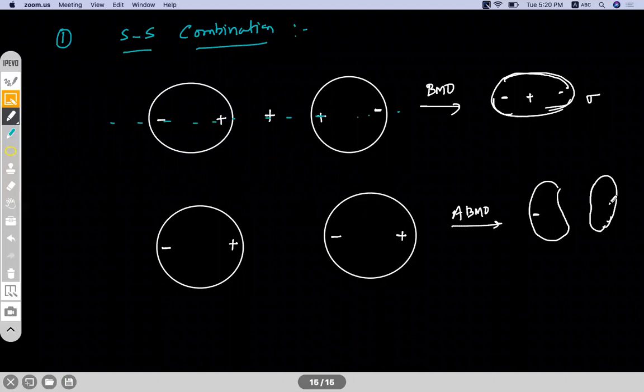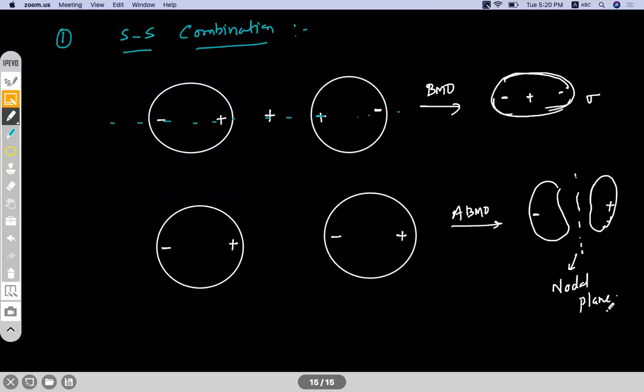Here we have minus, here we have plus, and in between these two we have a nodal plane. The important one is the p-p combination. I'll do that, you just finish it first.